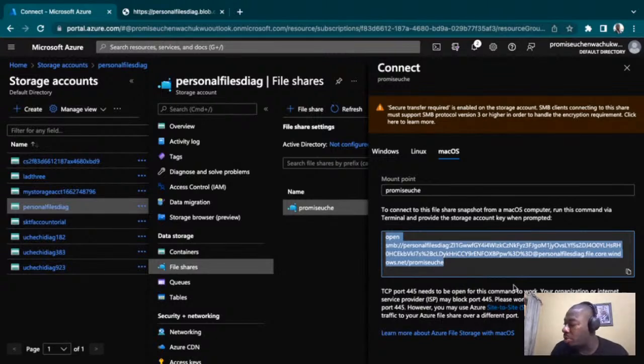It says your organization or internet service provider may block port 445. Please work with your organization or ISP to open port 445. This port 445 is very essential if you want to have access to this file share on your local operating system.